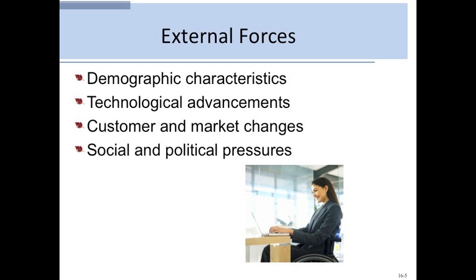So changes with respect to the diversity of a population, whether that be age, income, gender, whatever, can motivate change within organizations.